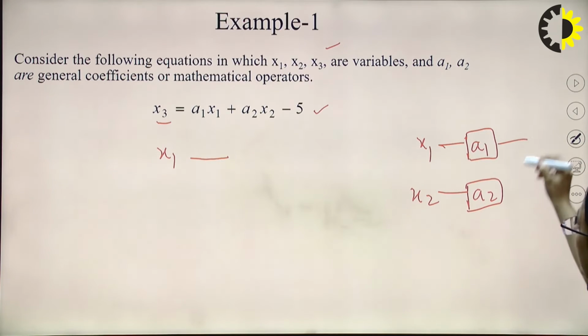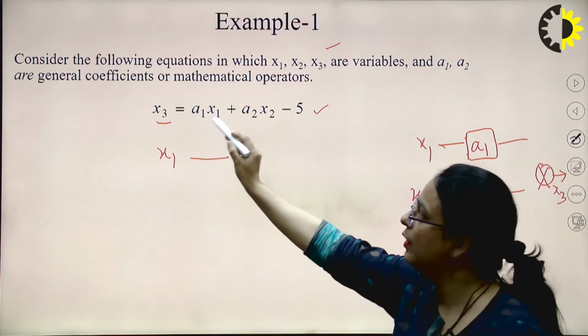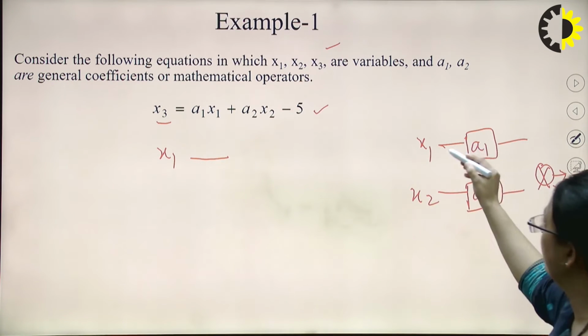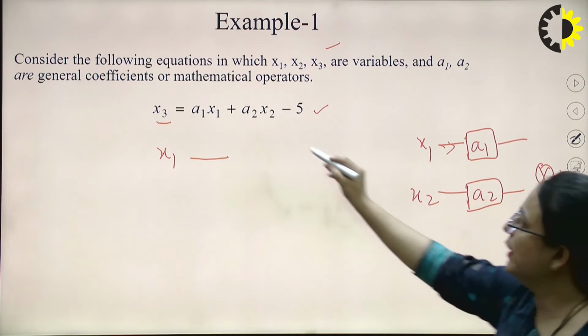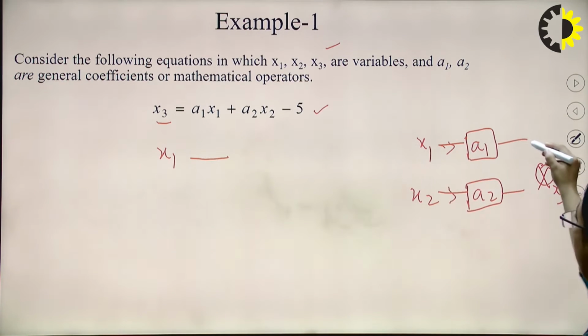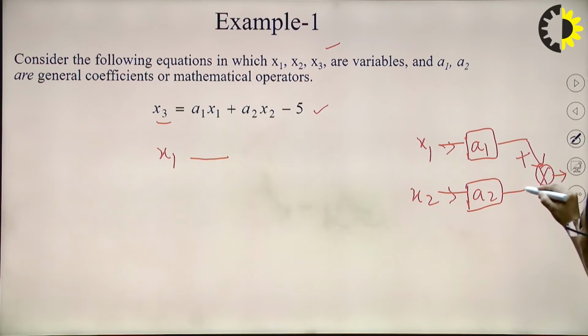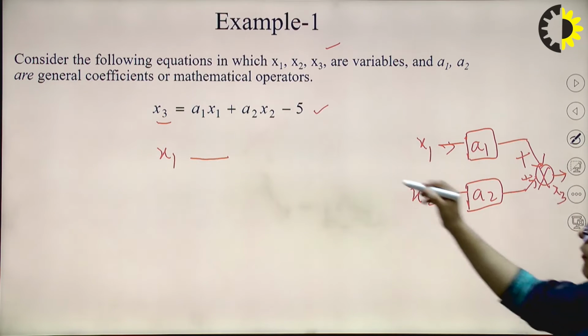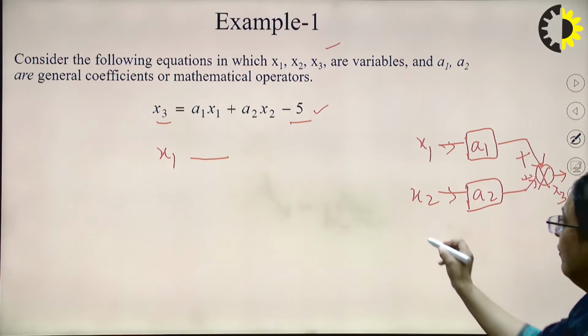So we can produce the output using the summing point, that is x3. We know x3 is the output in this equation. So a1 gets multiplied with x1, a2 gets multiplied with the signal, and we can put a plus sign here, and then we have -5, a variable.